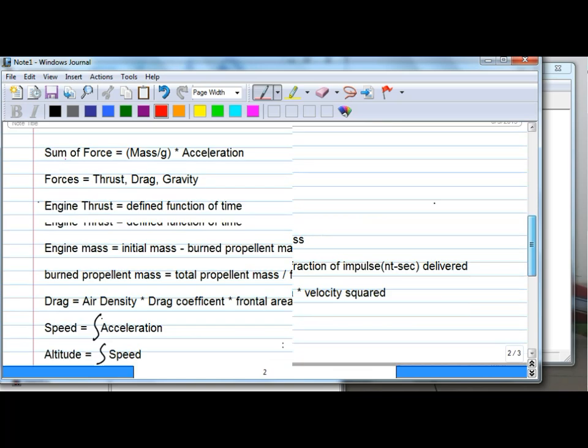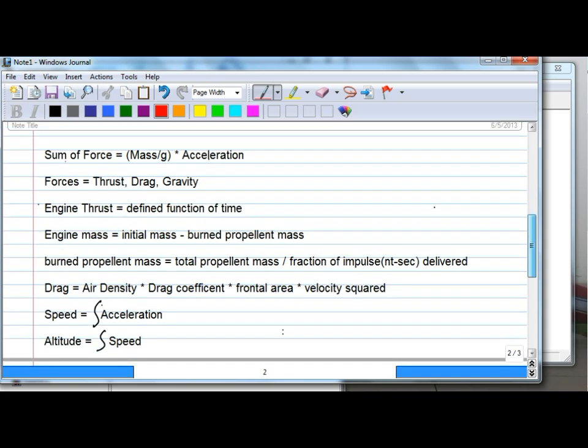Sliding down, I've summarized the equations here that we're going to be using. Newton's law is basically F equals ma. First one right here. Actually it's the sum of the forces, should have been an S there, equals the mass divided by little g times acceleration.